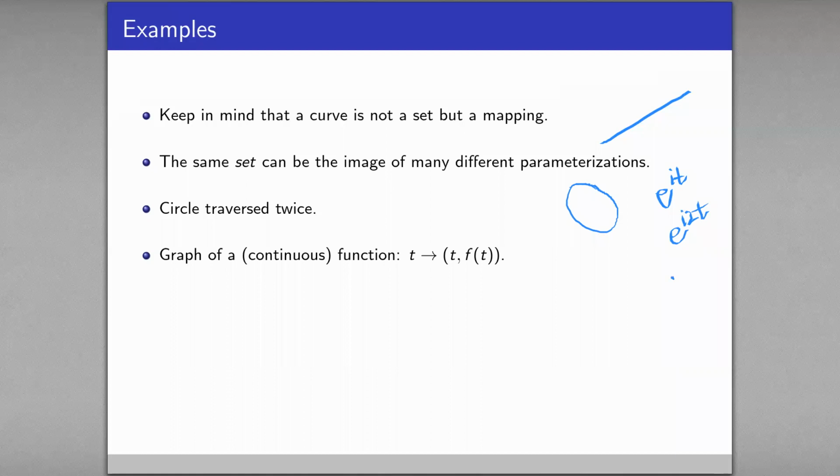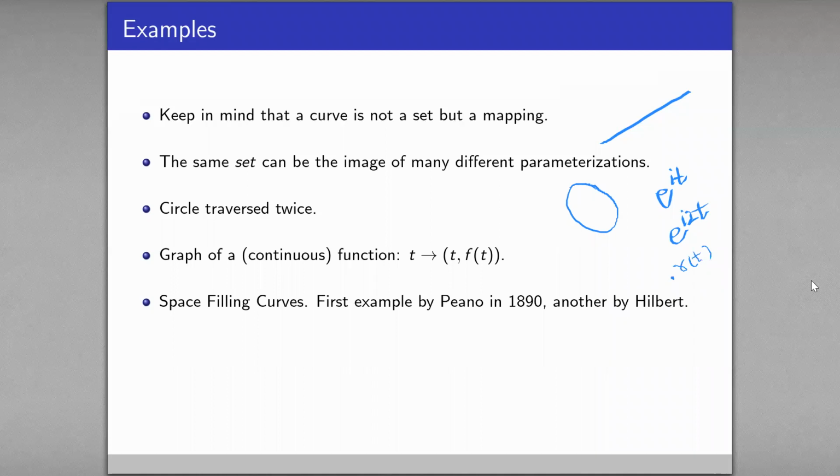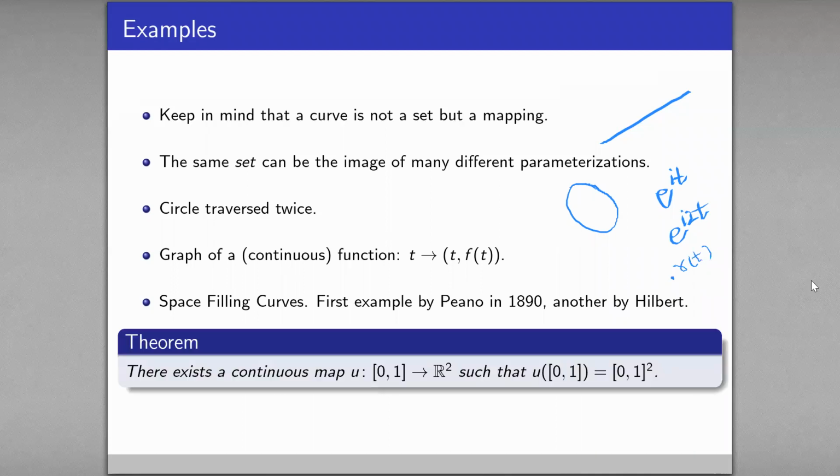For example, the constant curve, which maps everything to the same point, by our definition is a curve, although it's, well, a point. On the other extreme, which is even scarier, there are some continuous maps from the interval whose image covers a whole square.